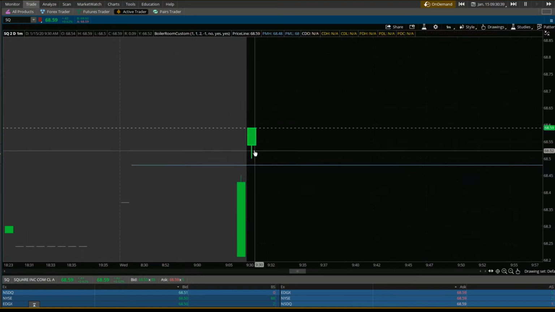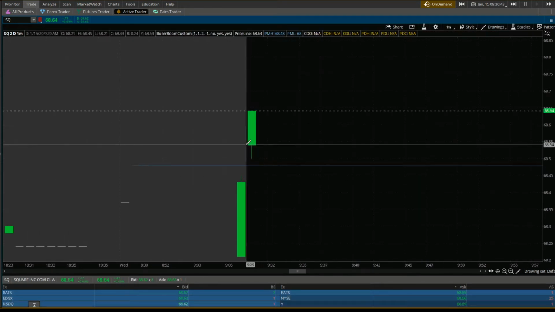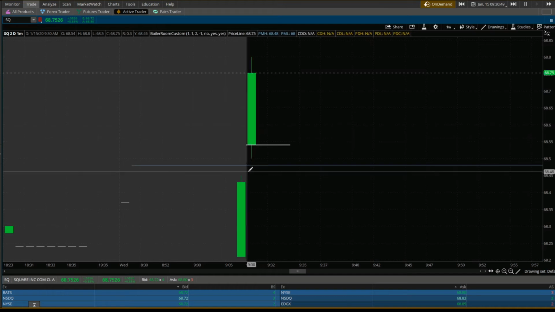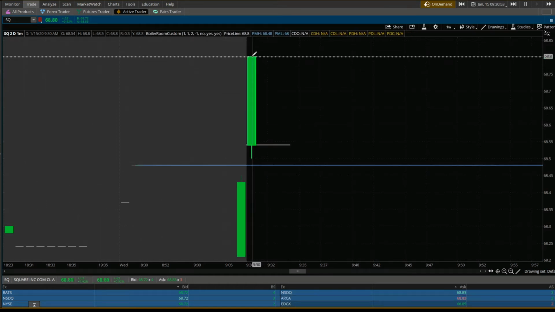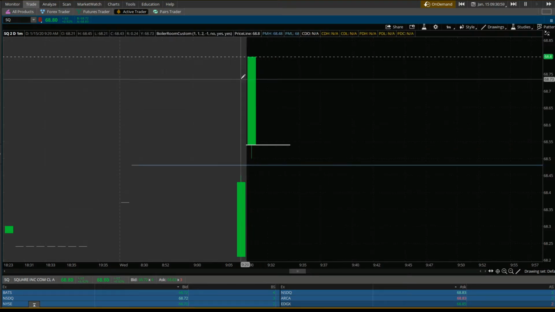The market opens, and of course the open is always right here. That's when the market opened at 9:30, and we have our first candle. So learning to read this candle, the candle is green, which is signifying buyer strength, right?